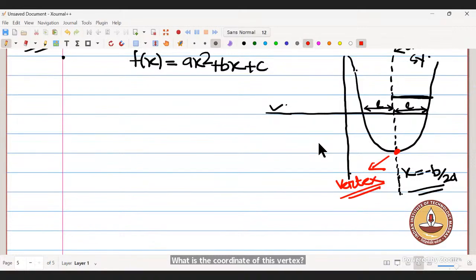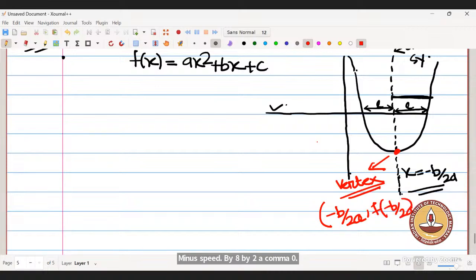Minus b by 2a comma 0. Minus b by 2a comma f of minus b by 2a. This is the vertex of the parabola, right?